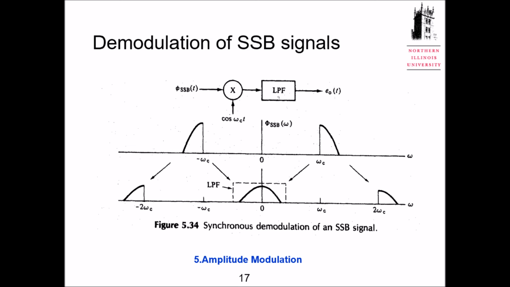The low pass filter should be good enough to cover all my spectrum in the desired area and remove the other ones. So when you design your receiver side, you should determine what reference signal you use and what your low pass filter's bandwidth will be. Two things.